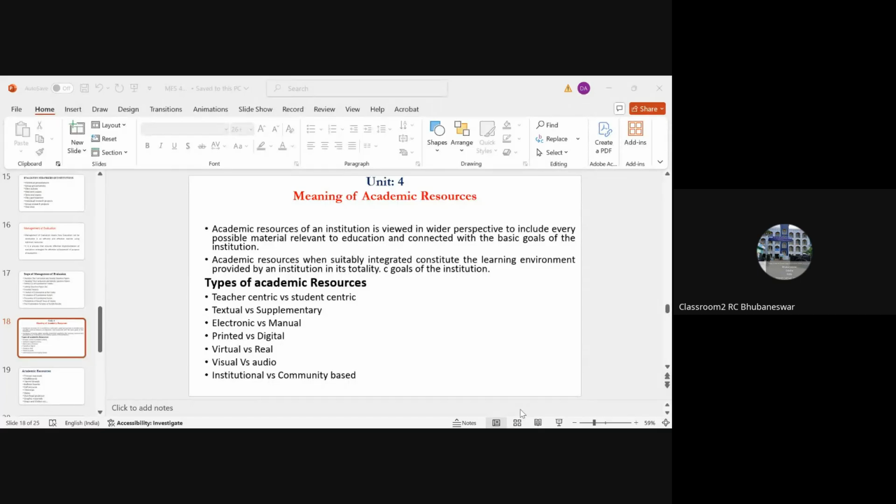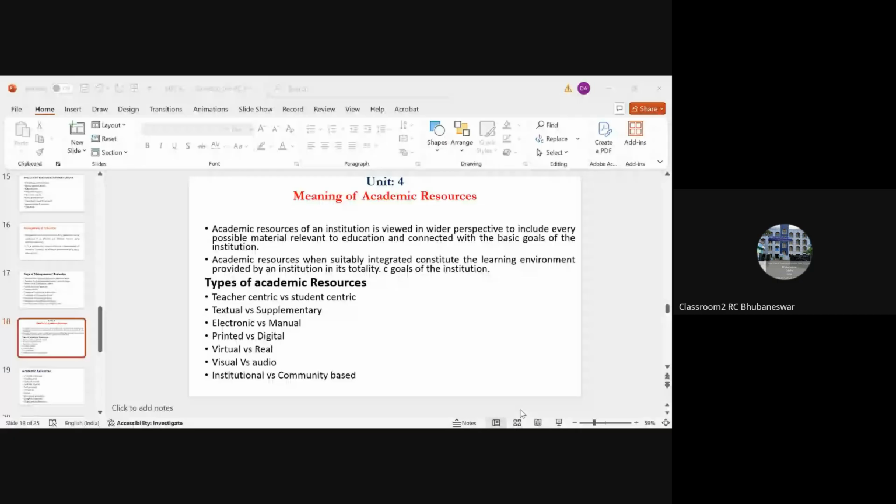What is the learning environment in a tribal pocket or tribal school where most of the students are from the tribal community? What is the environment in hill station schools? What is the environment in coastal areas?